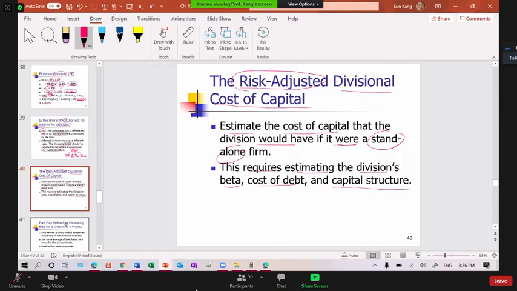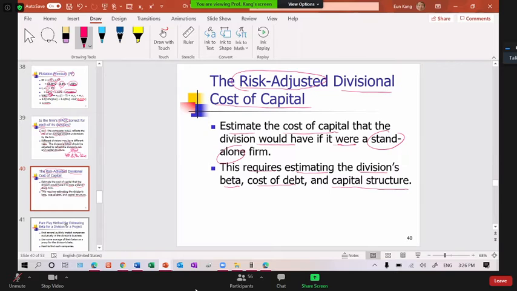To do that, you have to know the division's beta, but you cannot get it. Why? Because beta is for stock return, overall stock return, and that depends on the company's stock price. But each division doesn't have a stock price, right? It's a division, so that is not possible.